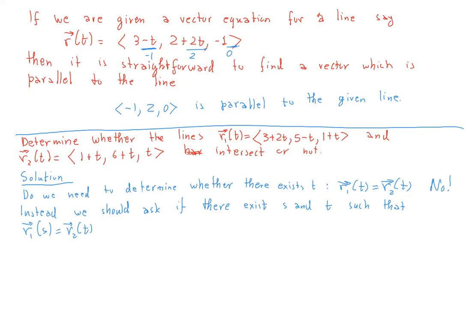And now we're going to get the correct system. So it's going to be 3 plus 2S should be equal to 1 plus T. And 5 minus S should be equal to 6 plus T. And 1 plus S should be equal to T.